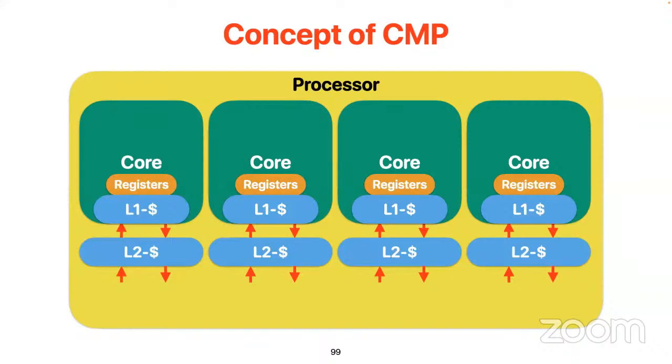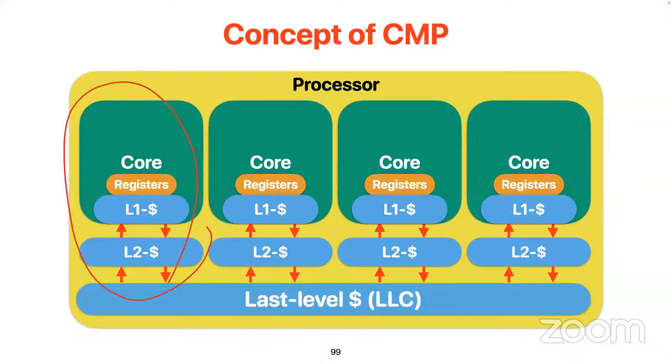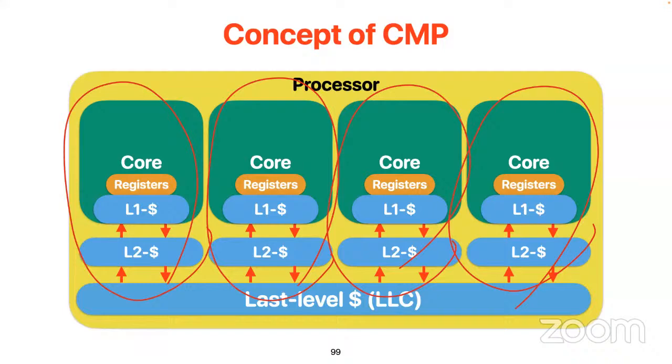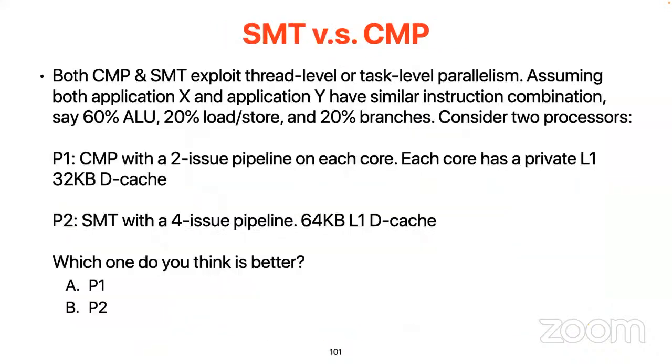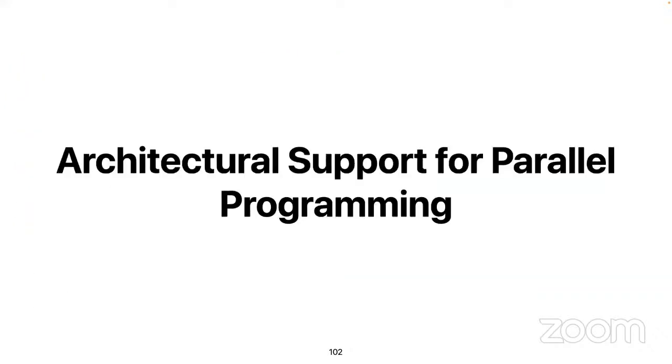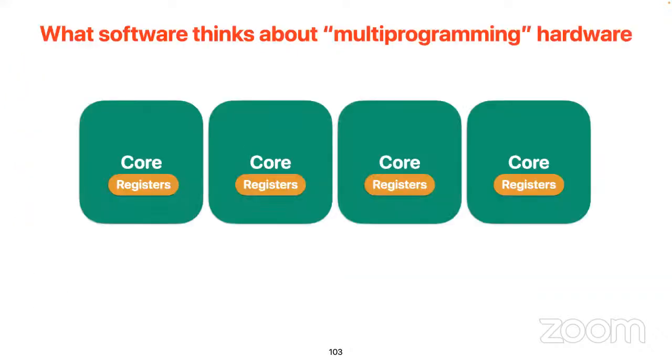The concept of a chip multiprocessor is that we duplicate the processor core and connect the cores to a shared cache. These two architectures both have their own strengths and disadvantages, so definitely you have to think carefully about which one is better. Another important thing to remember is that both architectures cannot work without software taking advantage of the fact that you have multiple concurrent hardware units to put into execution.